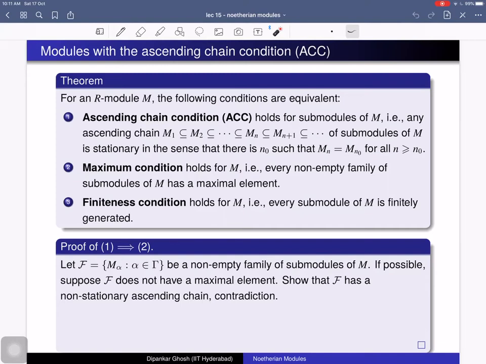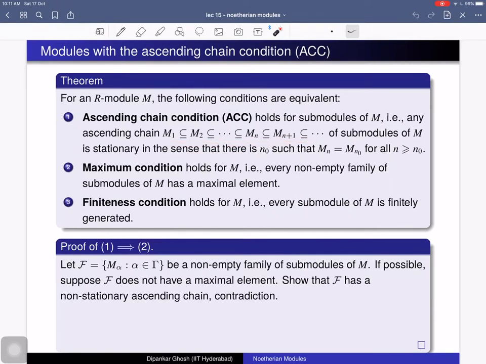First one is the ascending chain condition. What is that? If you consider an ascending chain, by ascending chain I mean this kind of chain, M1 is contained in M2, and so on. This chain is indexed by natural numbers and it is an increasing chain.